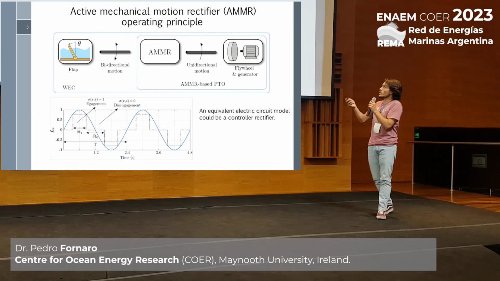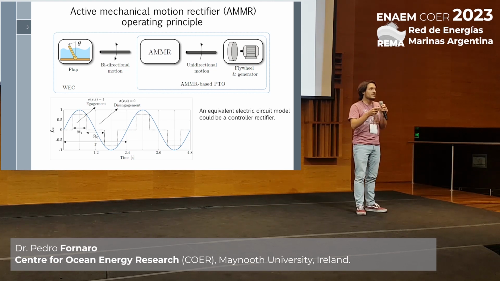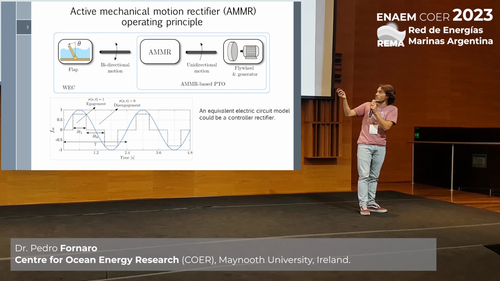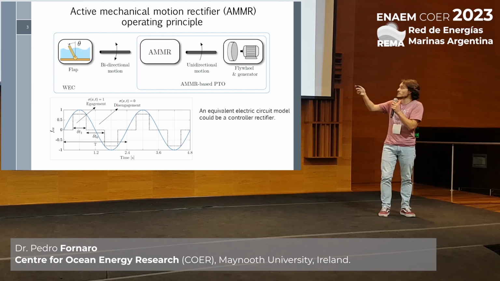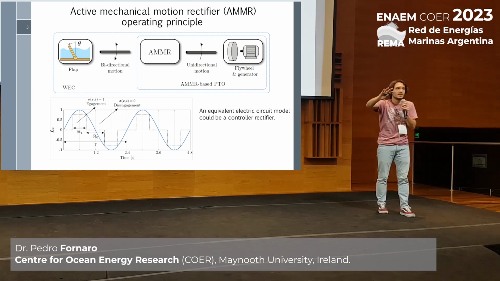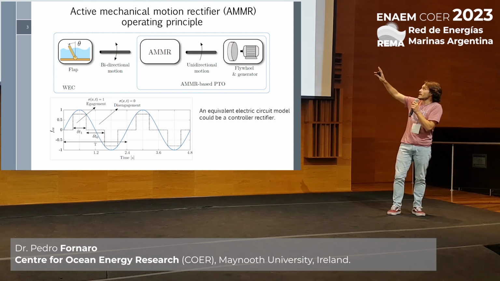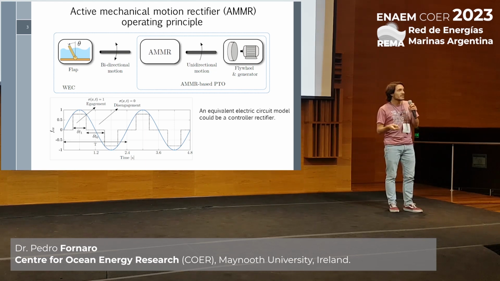So what we are working with right now is a device that mechanically rectifies a bidirectional, in this case, rotational motion at the entrance of the AMMR, and then we have at the output shaft of our mechanical device a unidirectional motion. Why is that important?